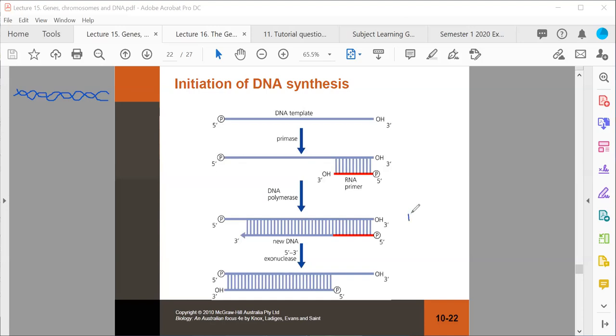So that means that there are adenines and thymines and cytosines and guanines, a pool of these nucleotides that are available in order for the DNA polymerase to build this new strand of DNA, this complementary strand of DNA.